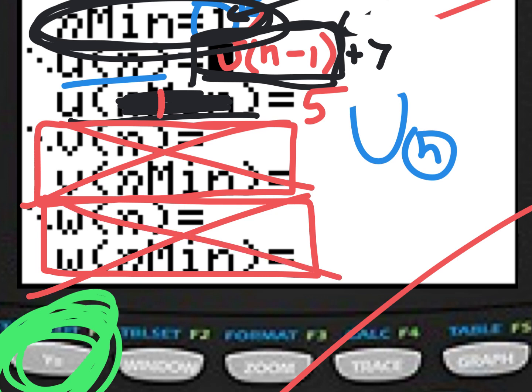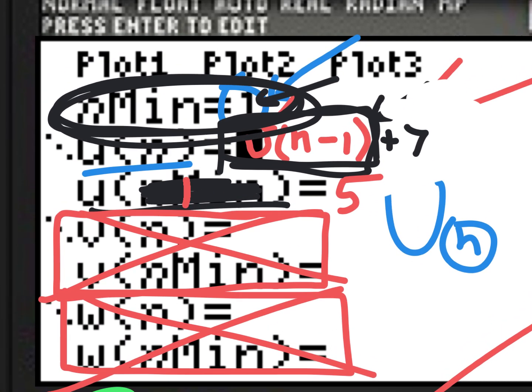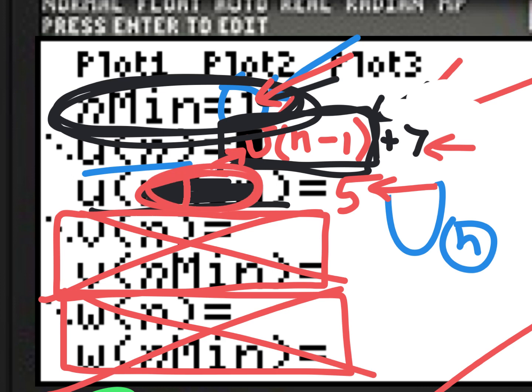You could if you wanted to compare two sequences, but we don't need to go to that level. So all you're going to need is these three lines. If you got the first one saying 1, this one was the hard one because it was weird to find where that little u was, which was above the 7. And then the last one, u sub 1 is what this really means, is 5. Then you got the sequence in.